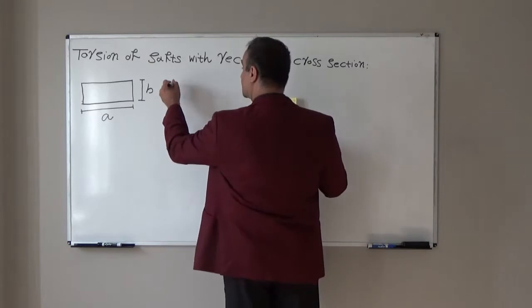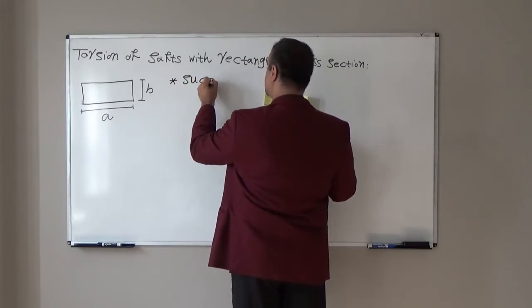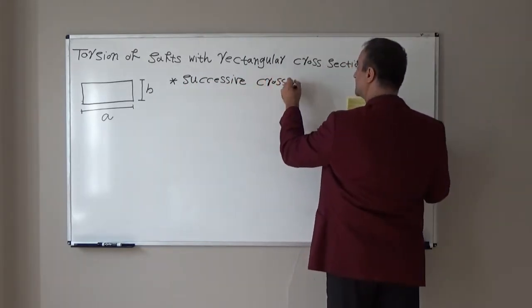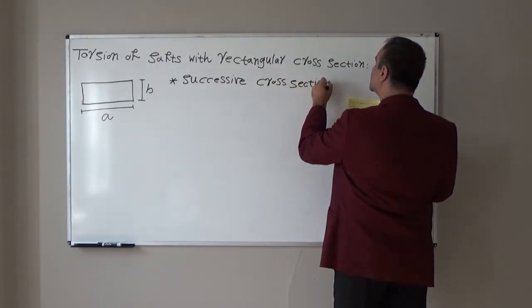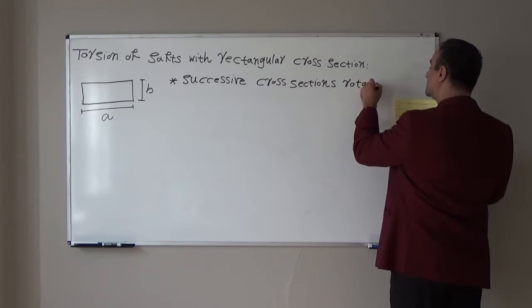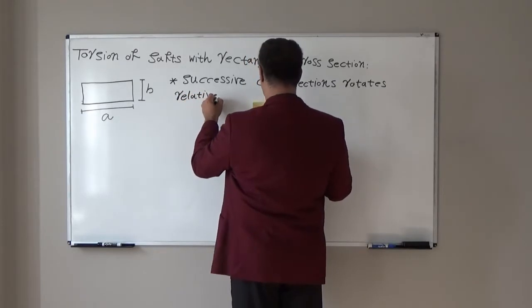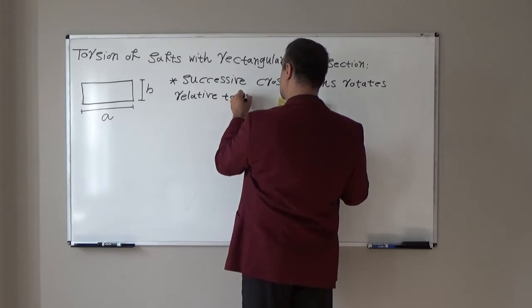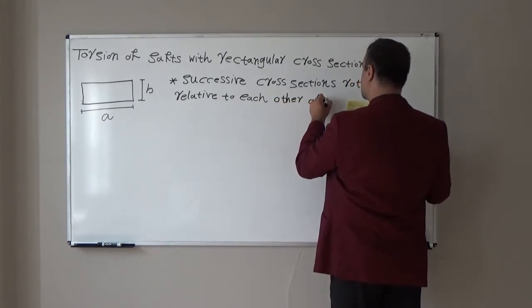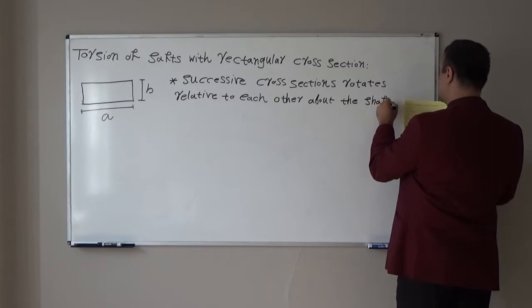So here again, if we have rectangular shaft, successive cross sections rotate relative to each other about the shaft axis.